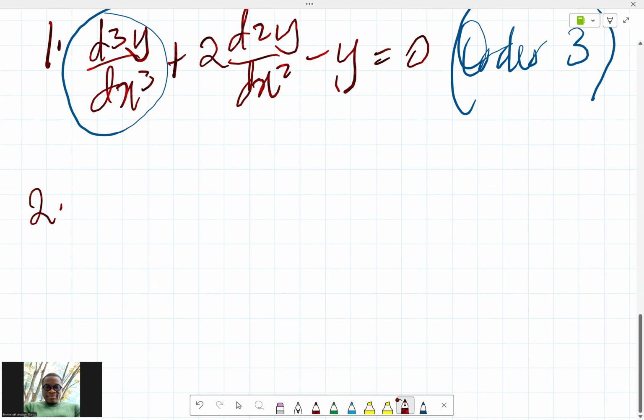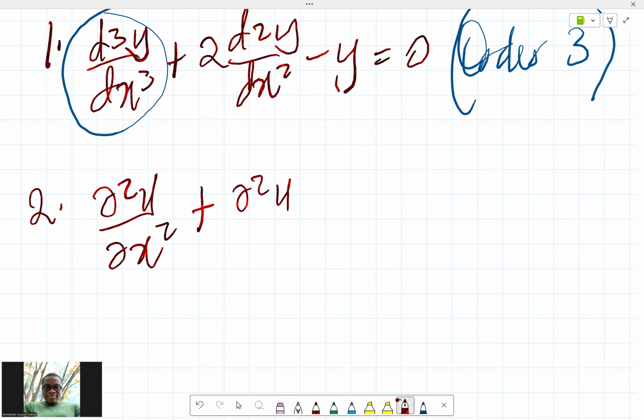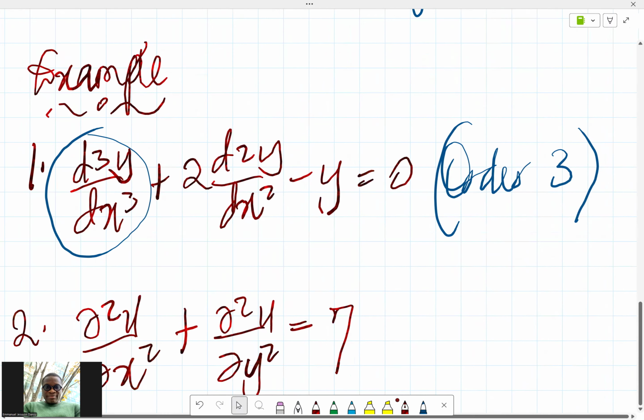Imagine now that you have partial squared u over partial x squared plus partial squared u over partial y squared, and that is equal to 7 for whatever reason. Of course, you see here this is order 0 because there's no derivative.